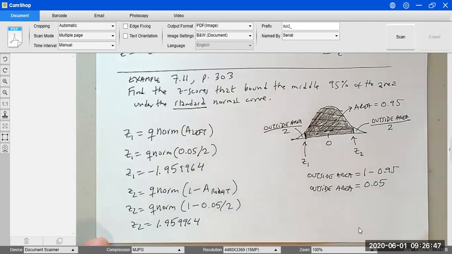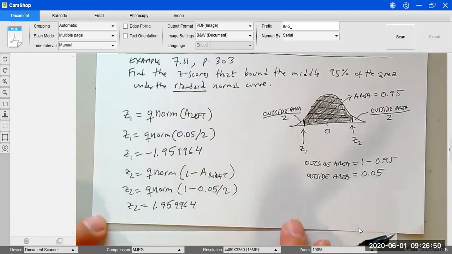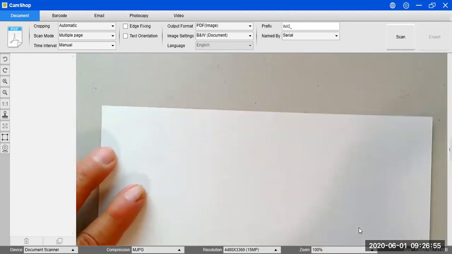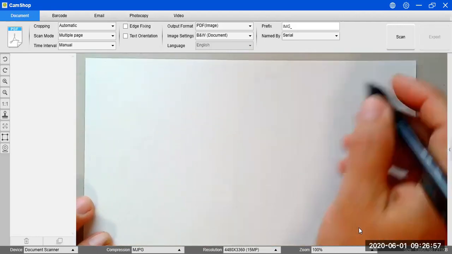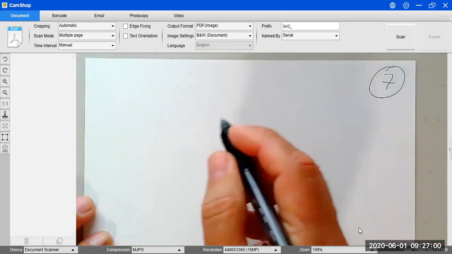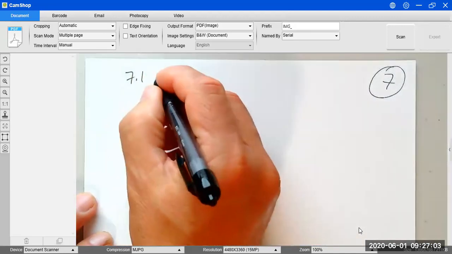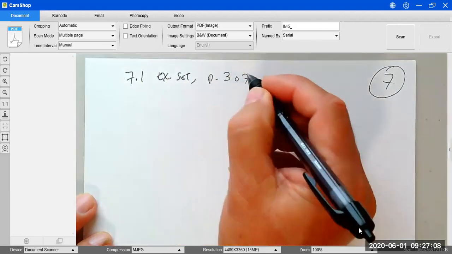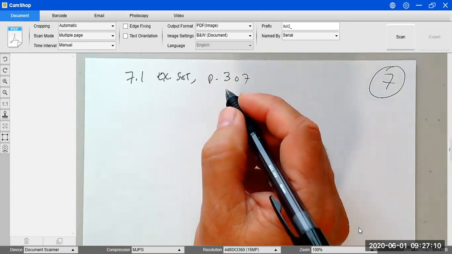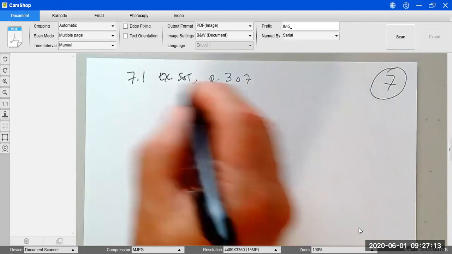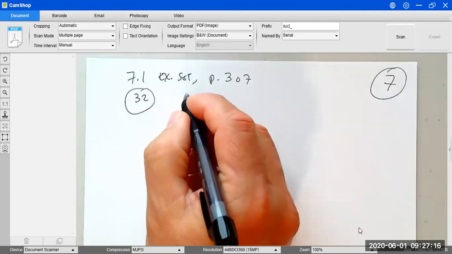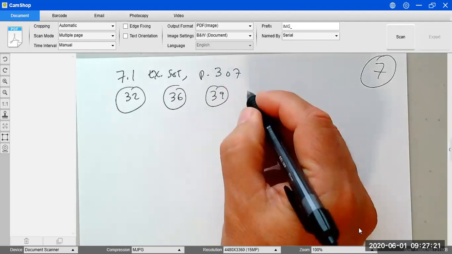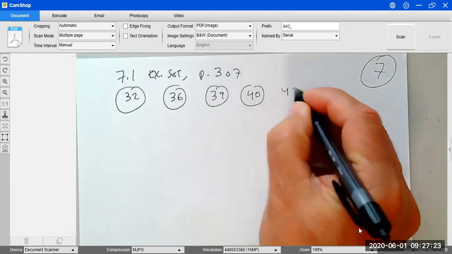So finally, I'm going to give you for this section the last part of the assignment, and then we're going to continue with the next section to complete our lecture today. So the assignment is from 7.1, exercise set on page 307, and you're going to work now problems 32, 36, 39, 40, and 42.